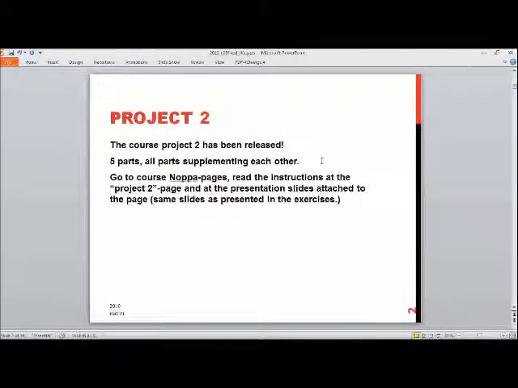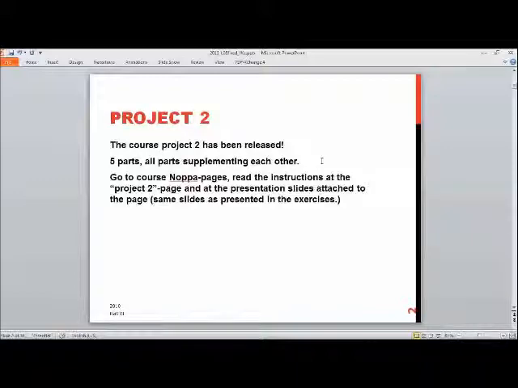So as you may have seen, we now have the Project 2, which is revealed. The Project 2 includes doing a systems architecture and use case plan for a media distribution system.